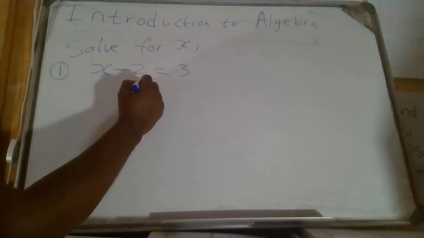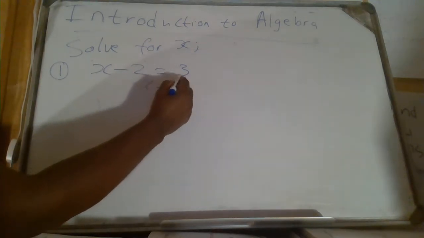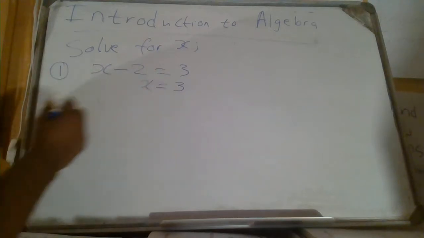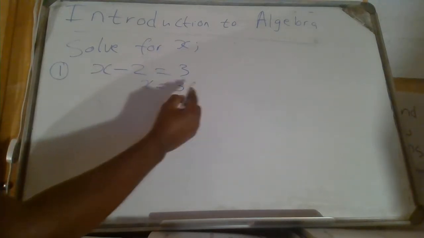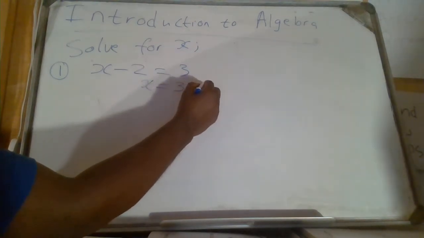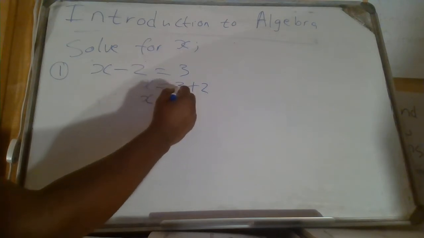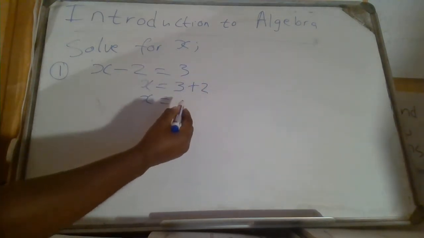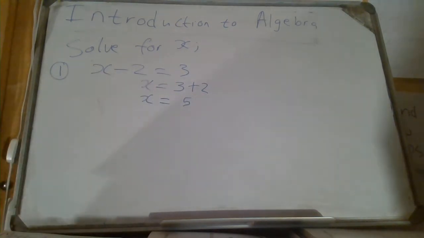So when you take this 2 to the other side, you're going to remain with x here, and then equal to 3 was already here. When you take this 2 from this side, it will change sign, and it's going to be plus 2 on this side. Now, therefore, you have x is equal to 3 plus 2, which is equal to 5.